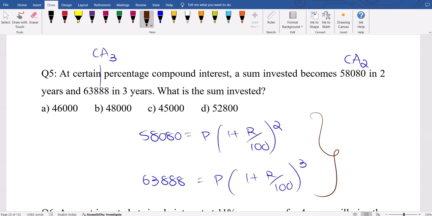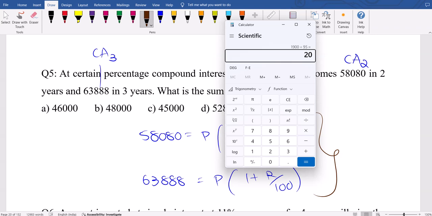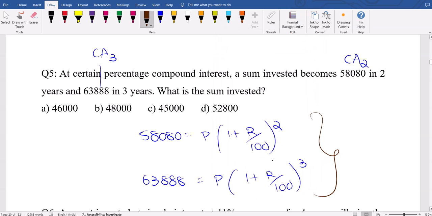So you calculate 63,888 divided by 58,080, which is 1.1, means r equal to 10 you will get. In fact, I can say 1 plus r by 100 equals 1.1 simply.